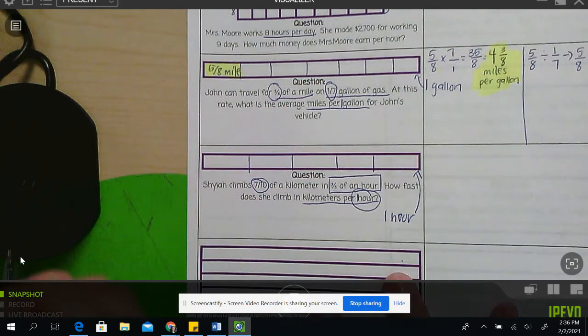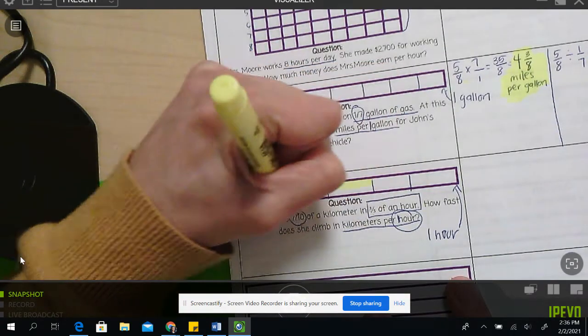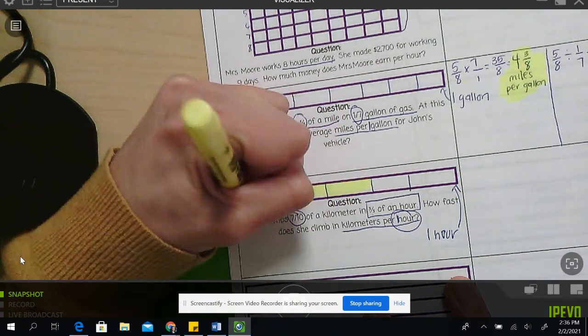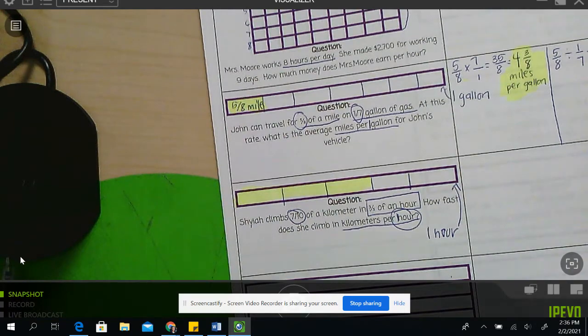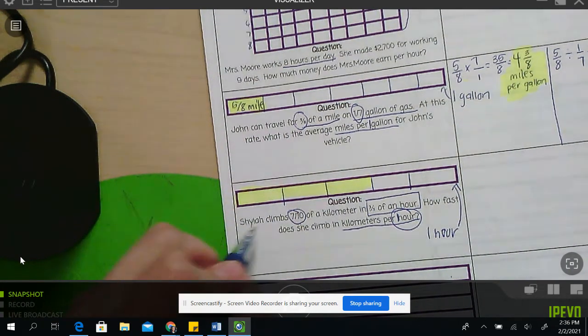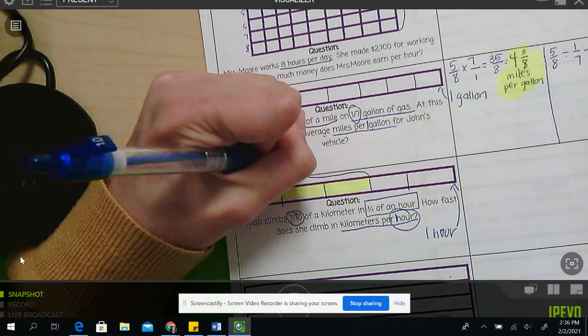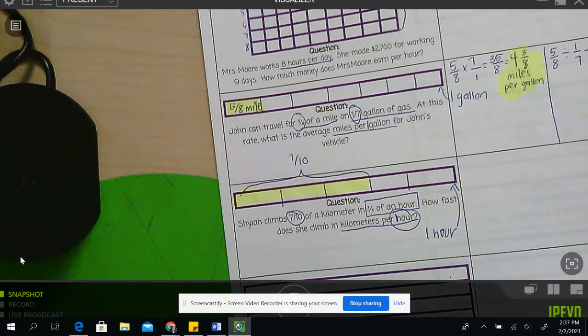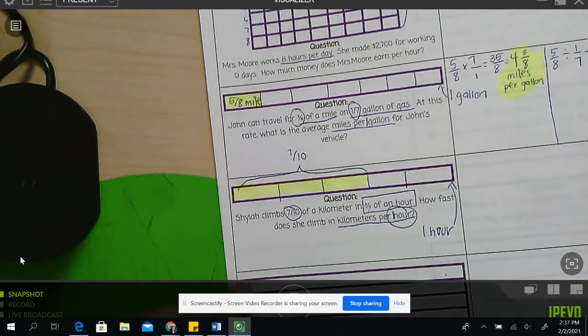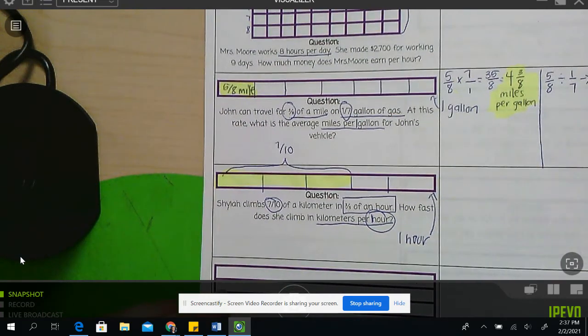So we're going to shade 3/5. And we know that in that, she can run 7/10 of a kilometer in 3/5 of an hour.